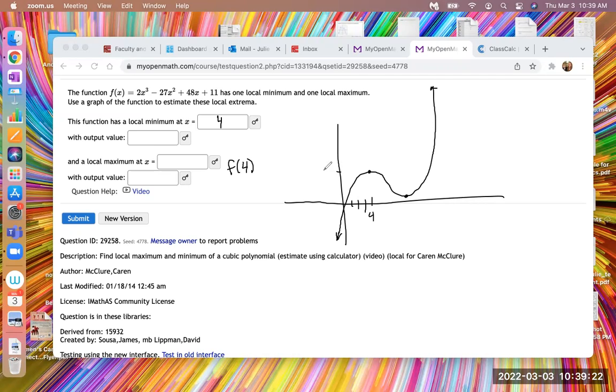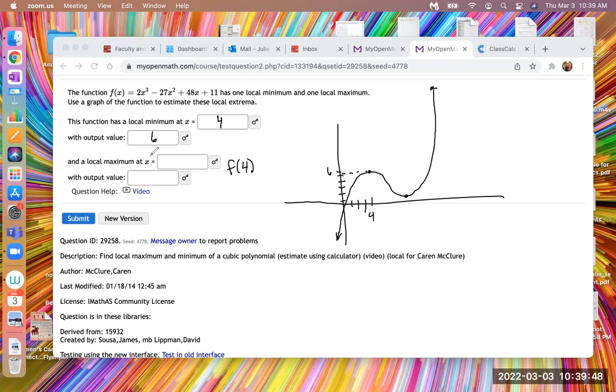Looking here, 1, 2, 3, 4, 5, 6, maybe 6. So I go up to x equals 4, trace back and see how tall it is on the y-axis.